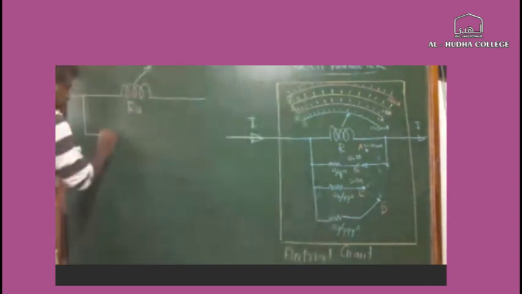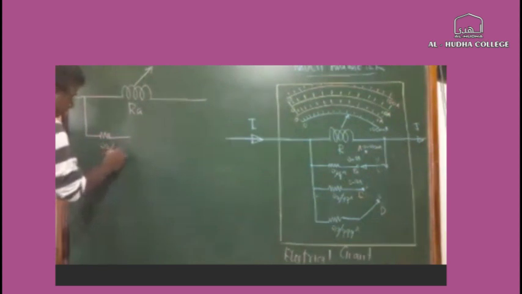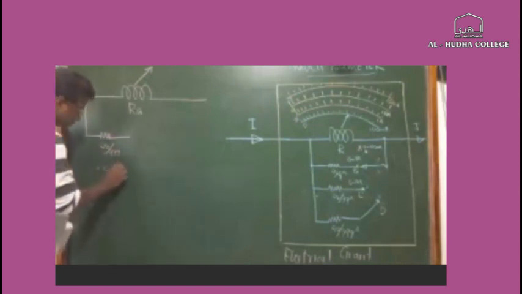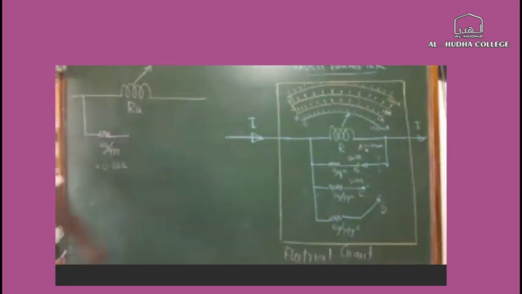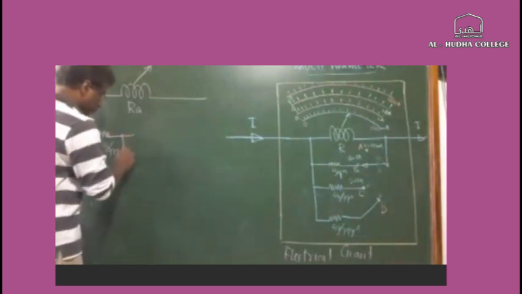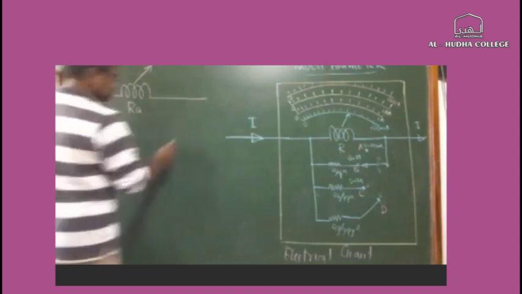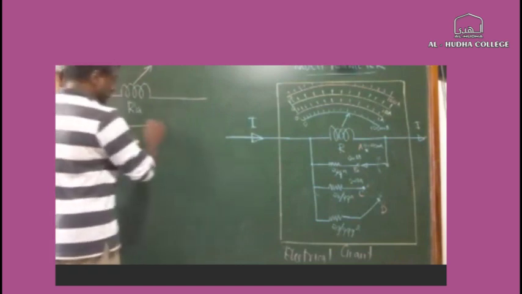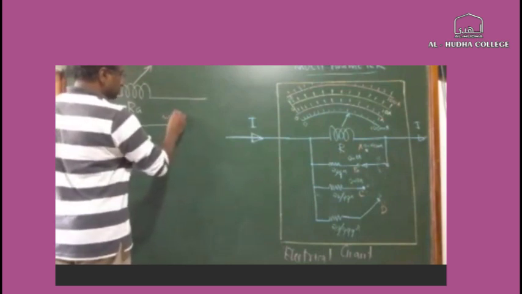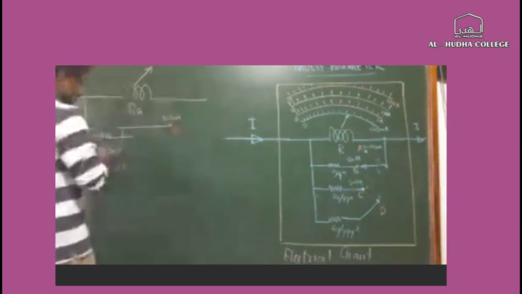Sorry, 20 by 999. That comes to about 0.02 ohm. Then you take a pointer from here, 0 to 100 amps.